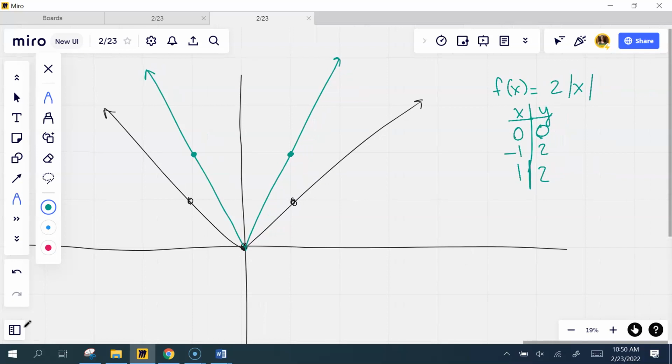So I will call this, actually let's call it a vertical stretch, meaning that graph just stretched out vertically, okay? And that's what's happening when I'm multiplying in front like that. We'll talk about each one of these.